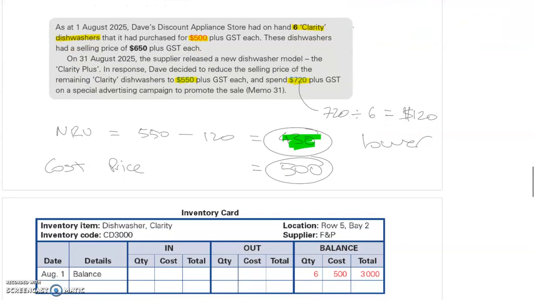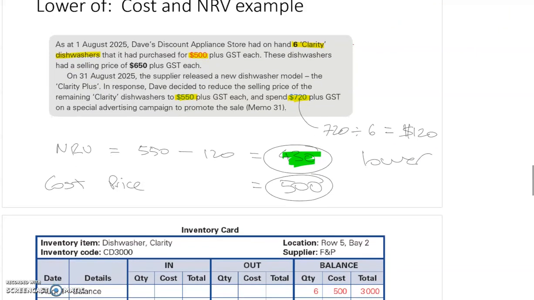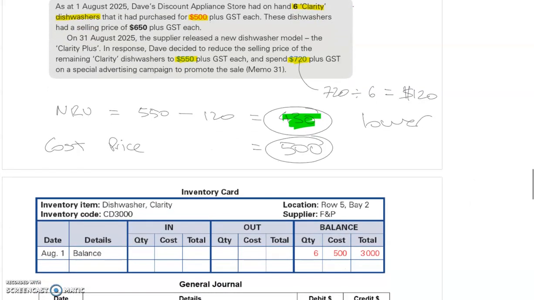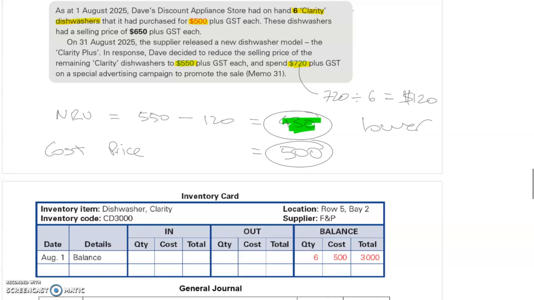So what does that mean? That means we need to record the inventory write down in our inventory card and also in our general journal and general ledger. So let's have a look how we will approach this in the inventory card. So we still have 6 items of inventory of our dishwashers.